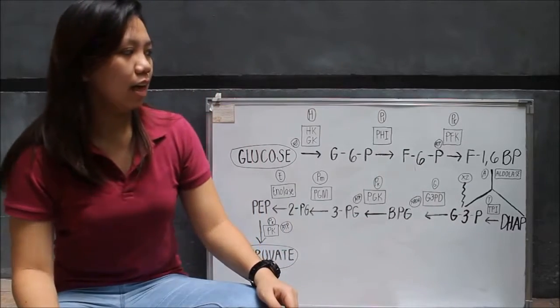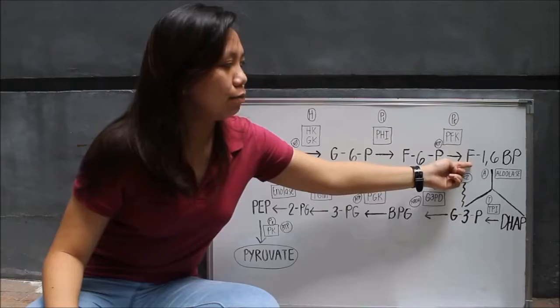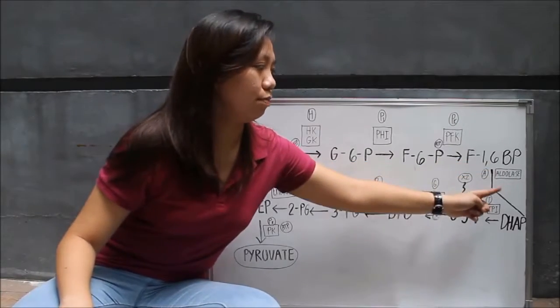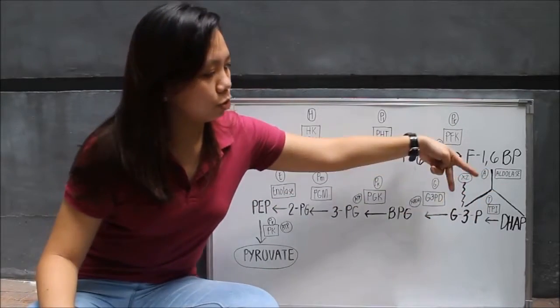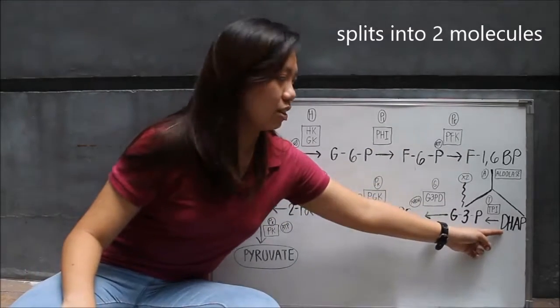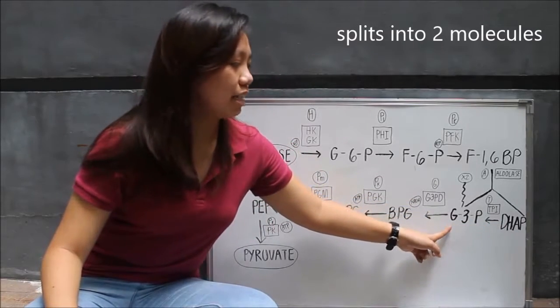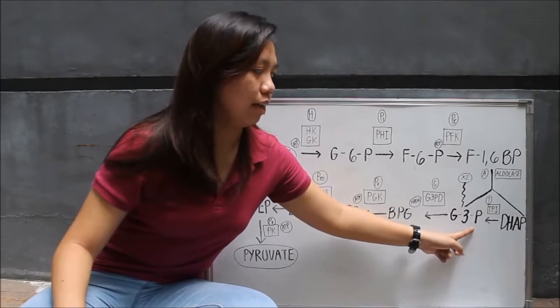1,6-bisphosphate. And then, using the enzyme aldolase, this fructose 1,6-bisphosphate will be split into 2 molecules. One molecule is dihydroxyacetone phosphate, and the other one is glyceraldehyde 3-phosphate.